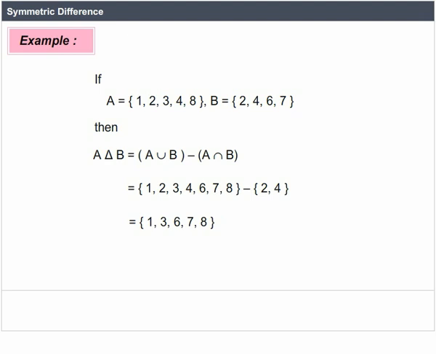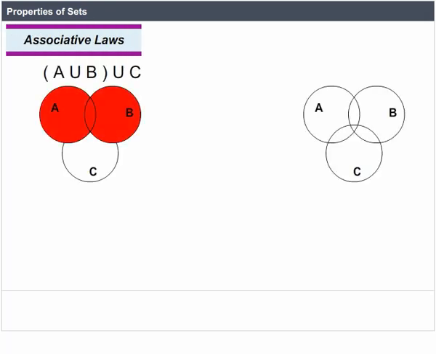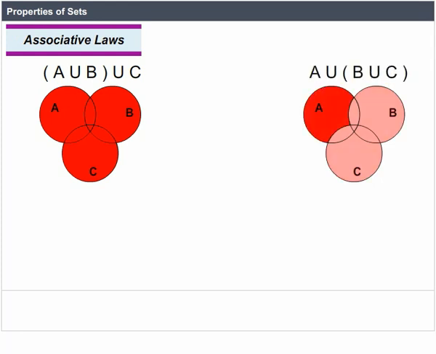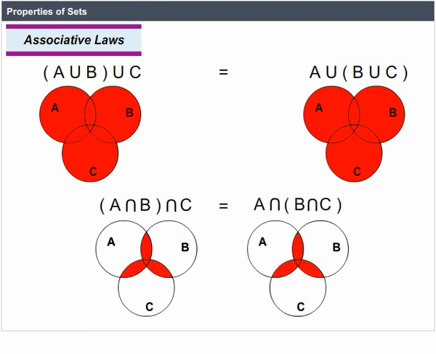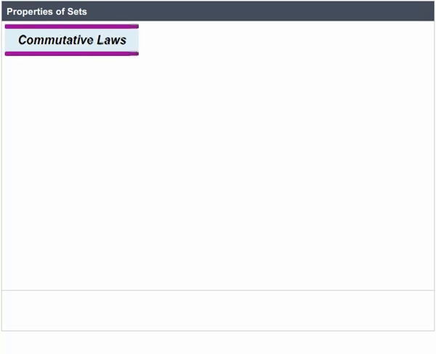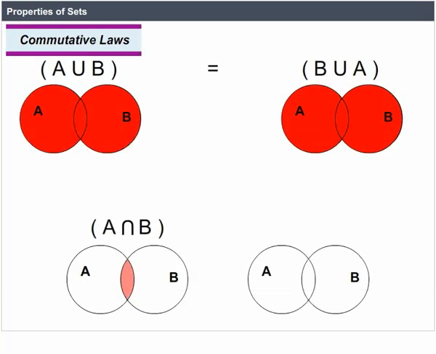Properties of sets. Associative laws. A union (B union C) equals (A union B) union C. A intersection (B intersection C) equals (A intersection B) intersection C. Commutative laws. A union B equals B union A. A intersection B equals B intersection A. Distributive laws.